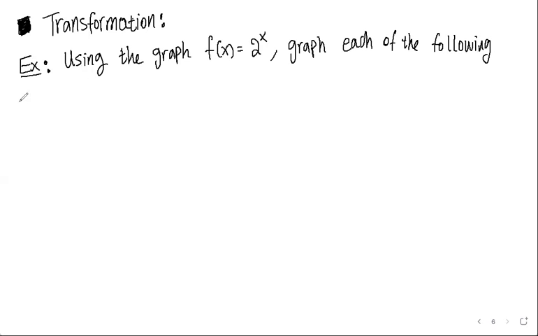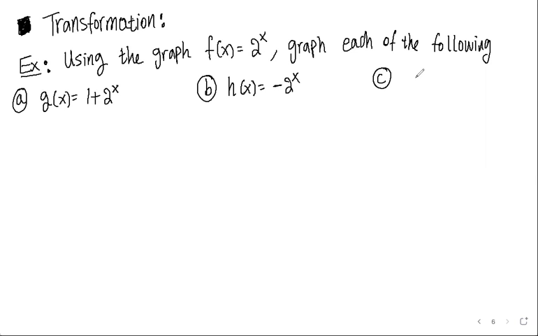The first one, A, is g of x equal 1 plus 2 to the x. B, h of x equal minus 2 to the x. And C, d of x equal 2 to the minus x.